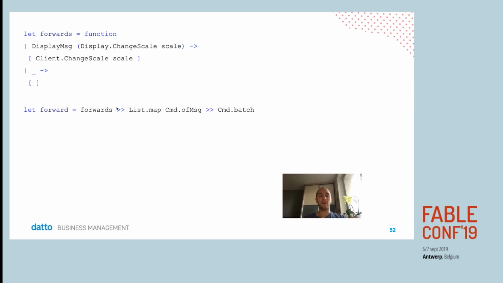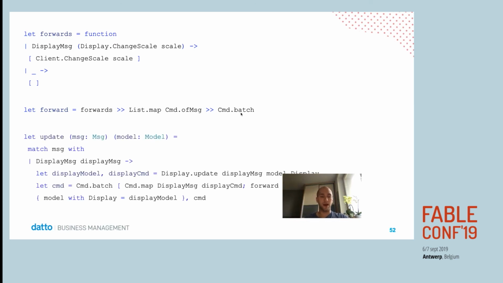Then I can take that function and compose it with List.map Cmd.ofMsg, and finally with Cmd.batch. And the forward function is what I can now use in my update function. So for every child component, I'll have corresponding logic. The standard child component updates with child message and child model. And then in addition to mapping the child message, I also invoke the forward with that main message.